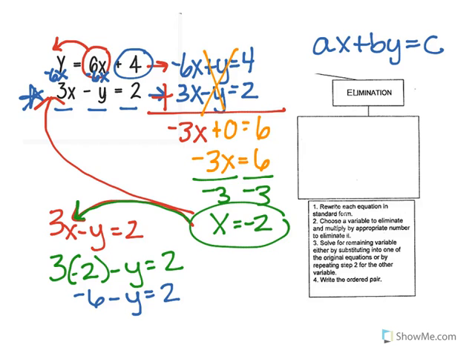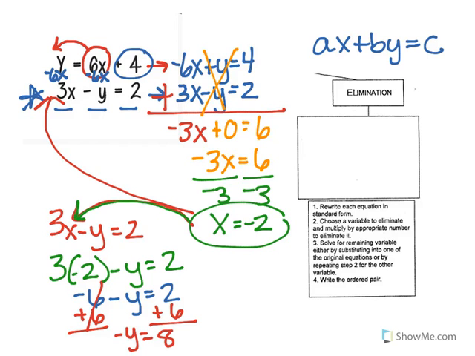Now since we want to get y by itself, we have to do the opposite of what's being done. And in front of 6, I have a negative 6. So I want to make this positive. So I'm going to add 6 to both sides. Now I'm left with negative y equals 8.